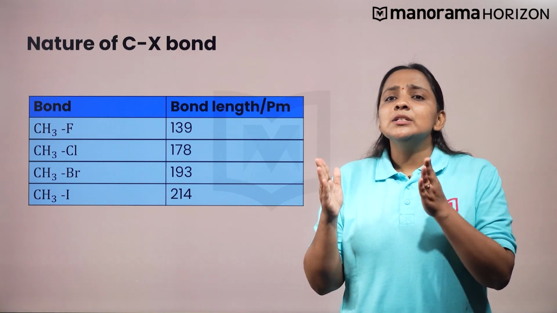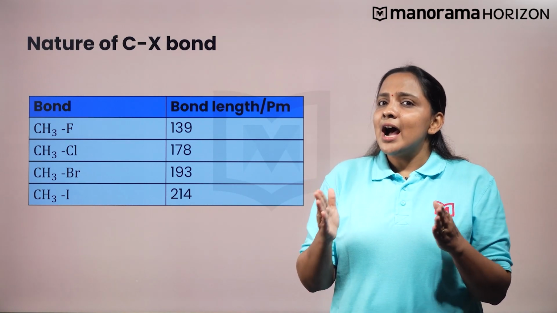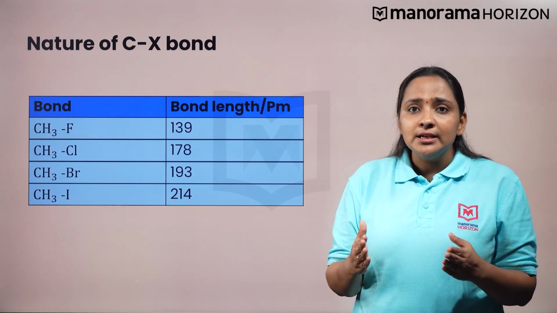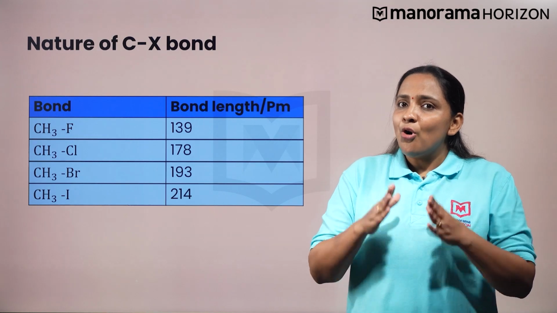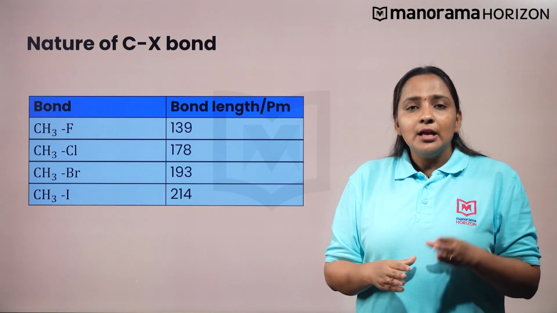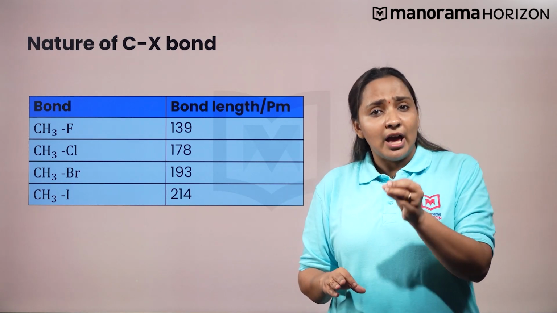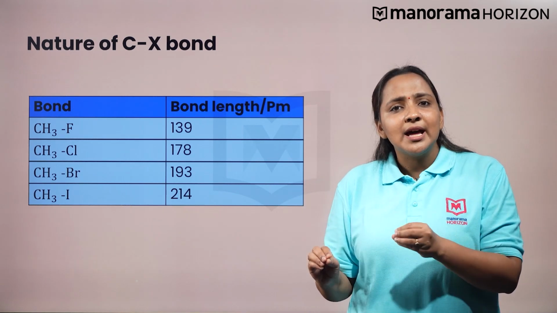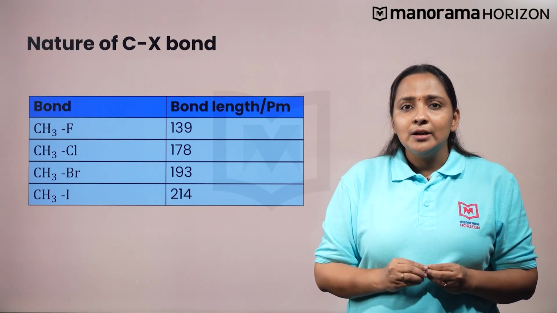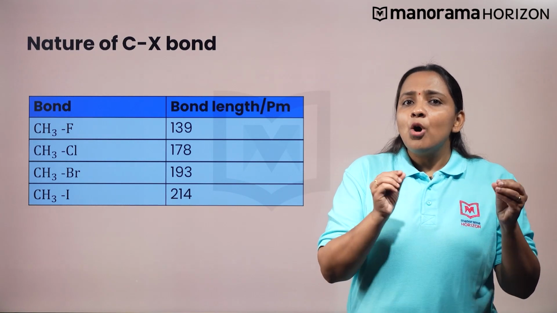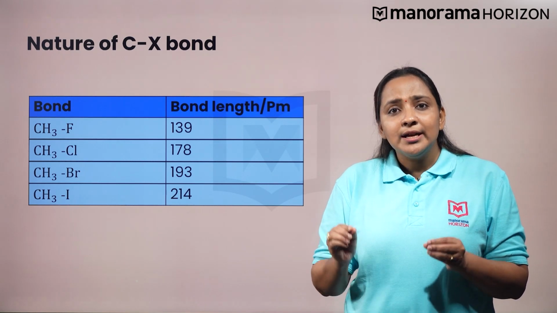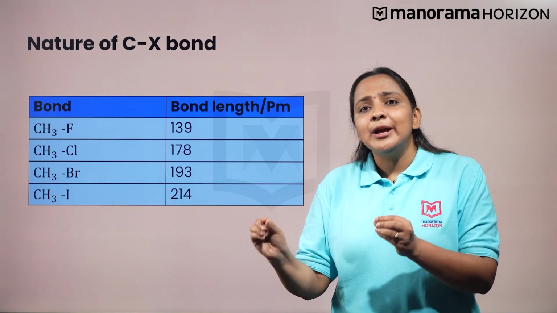Fluorine is the smallest atom and iodine is the biggest. So, as a result, the carbon-halogen bond length also keeps increasing. For example, the bond length of CH3F, that is the methyl fluorine bond, is 139 picometers and the bond length of CH3I, that is the methyl iodine bond, is 214 picometers.